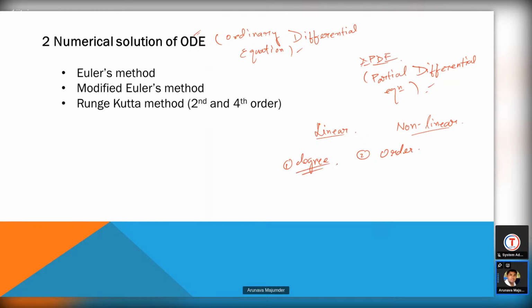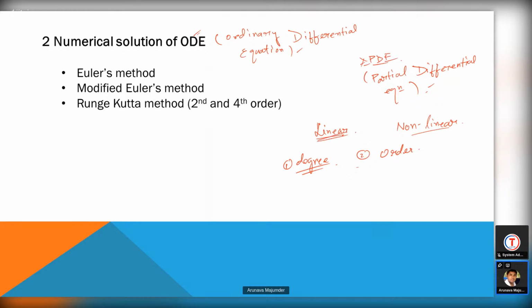The degree of the differential equation depends on whether any square term or nonlinear power is present. Any kind of power, greater than one or less than one but not equal to one, makes the degree different.